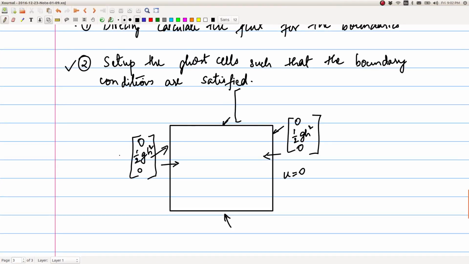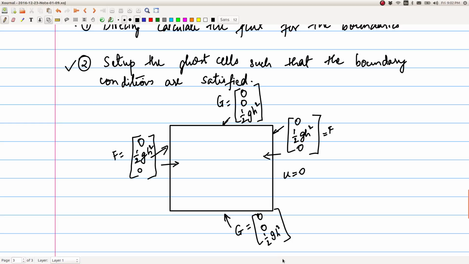So let me write F here and G here. So G is equal to 0, 0 and half g h squared, and similarly here G will be equal to 0, 0 and half g h squared.